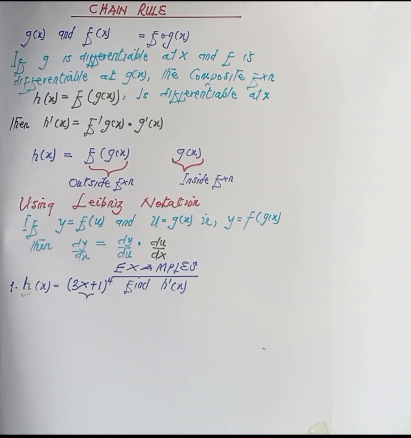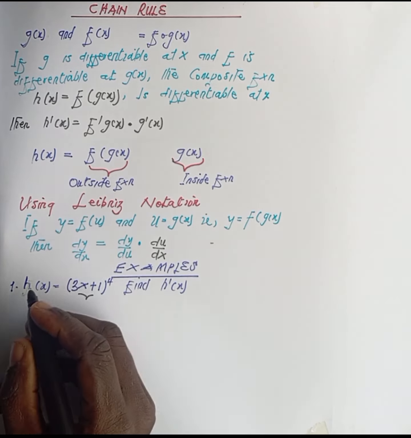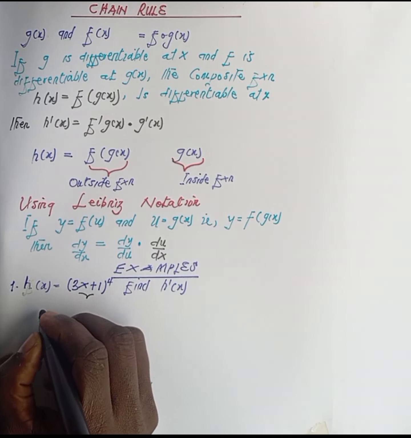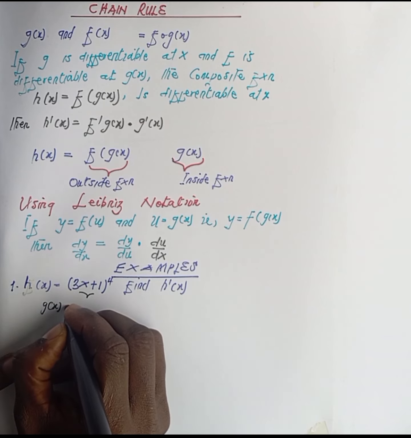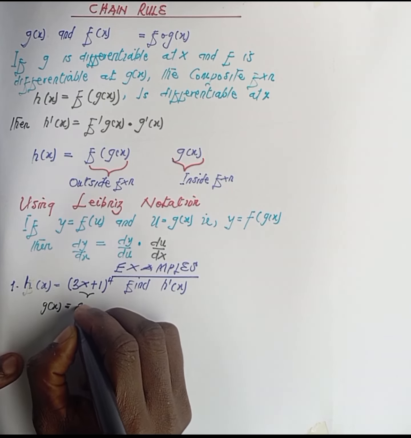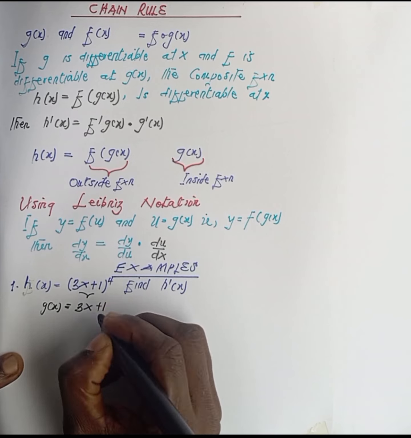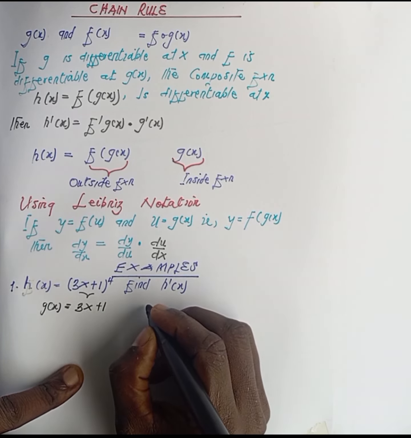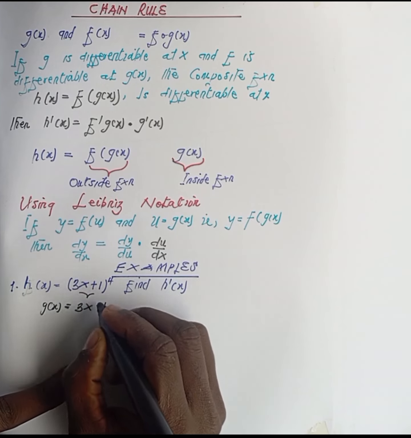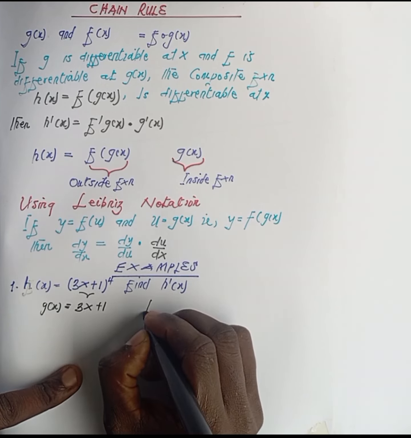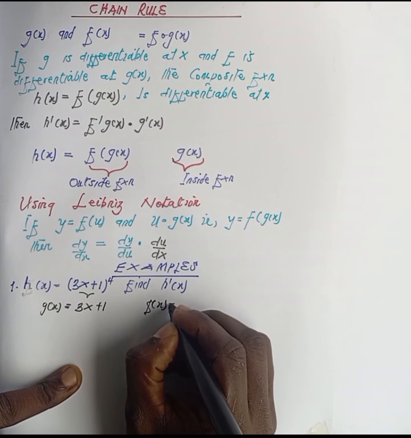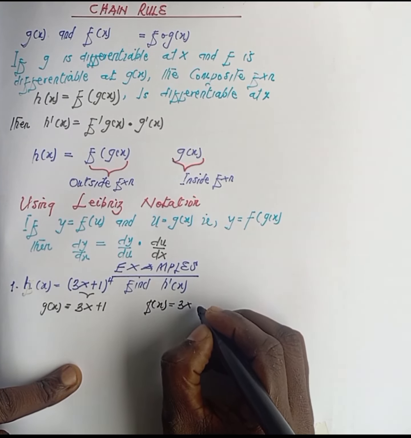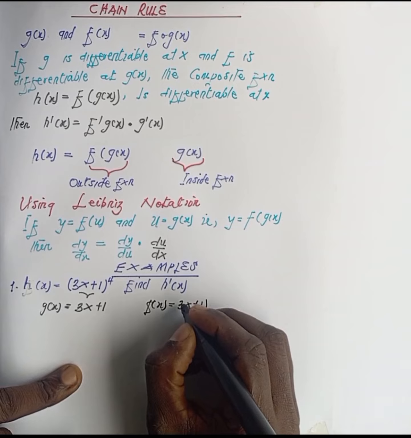Let's call our inside function g of x equal to 3x plus 1, and our outside function f of x equal to 3x plus 1 all raised to the power 4.